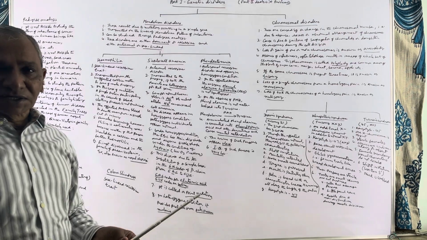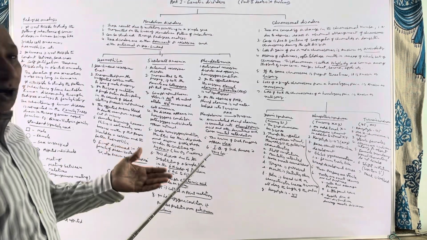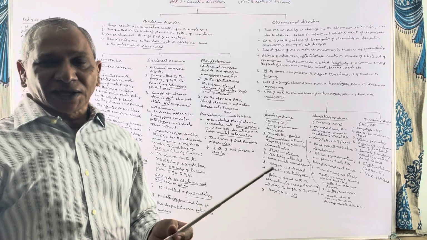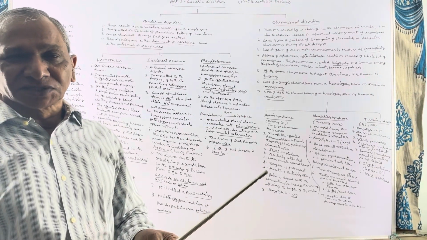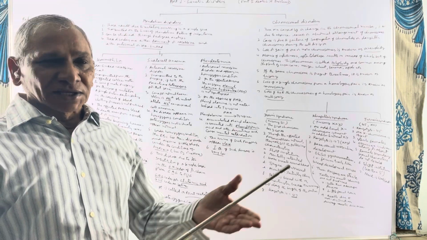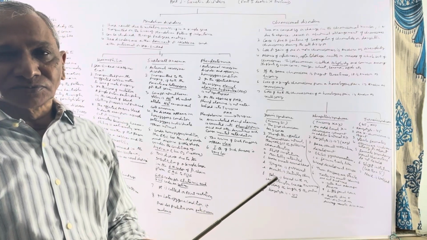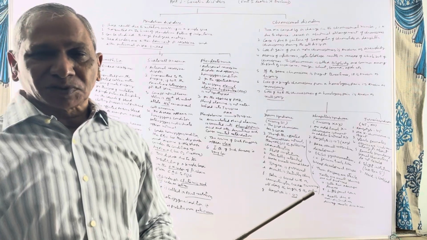The Mendelian disorders are so called because they occur in the pattern of Mendelian inheritance. It means they follow the laws of Mendel. Mendel conducted his experiments on the pea plant.